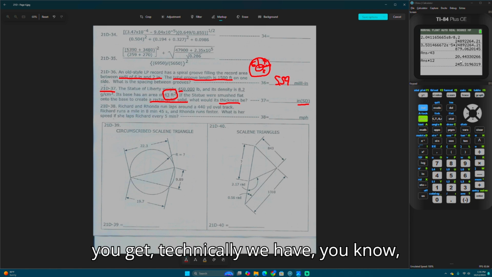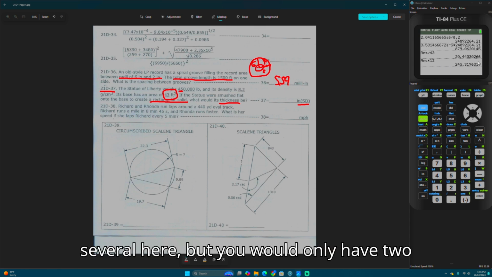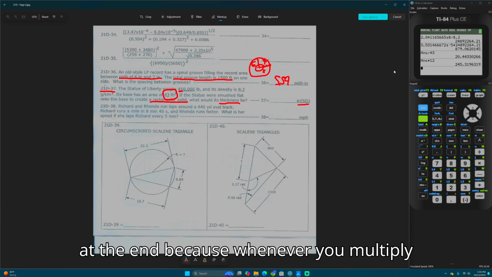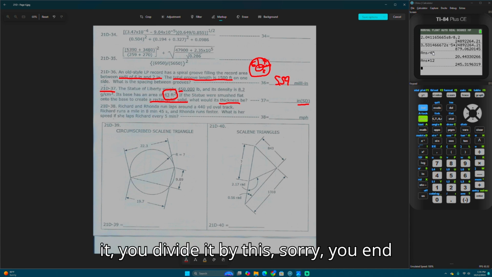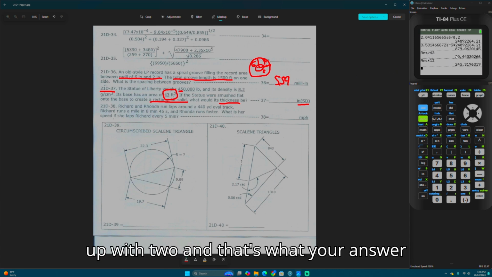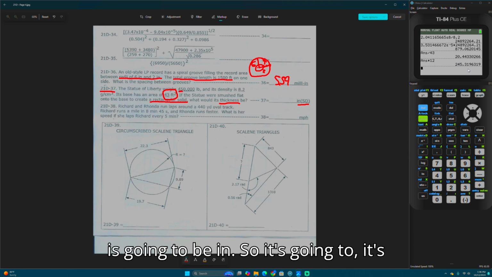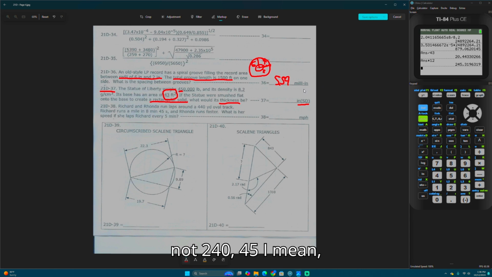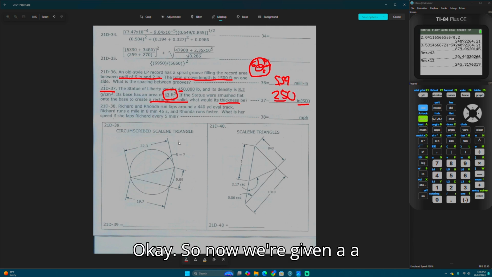So technically we have several here, but you would only have 2 at the end. Because whenever you divide by this, you end up with 2, and that's what your answer is going to be in. So it's not 240, I mean, it's 250. Let me redo that. 250. 2 sig figs.